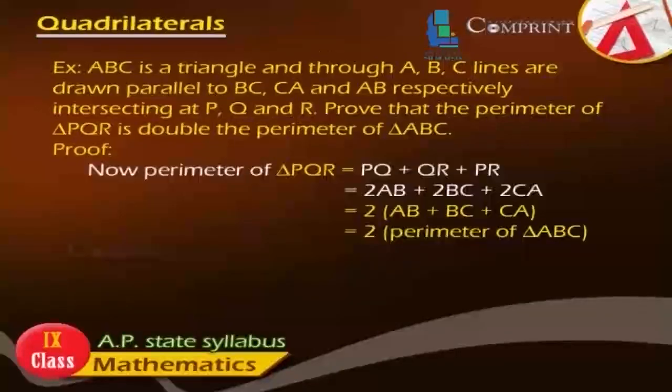Now, perimeter of triangle PQR is equal to PQ plus QR plus PR, equal to 2AB plus 2BC plus 2CA, equal to 2 into whole of AB plus BC plus CA, equal to 2 into perimeter of triangle ABC. That is, the perimeter of triangle PQR is double the perimeter of triangle ABC.